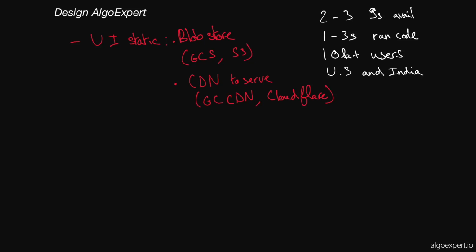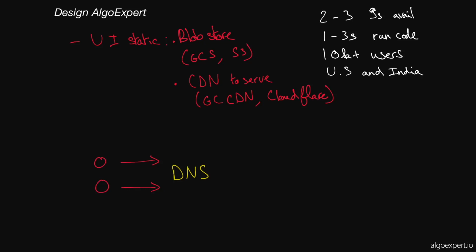Okay, cool. So I'm actually going to draw something out. I'll have a couple of circles. These are going to be different clients. So for instance, the top one might be a US client, and the bottom one might be an India client. And these two clients are going to issue requests to AlgoExpert.io. There's going to be first the DNS load balancing that happens.